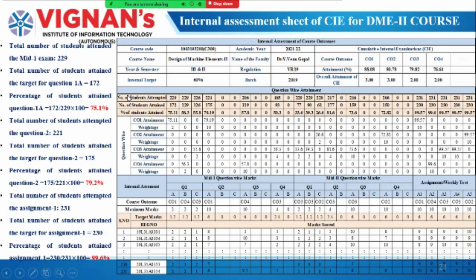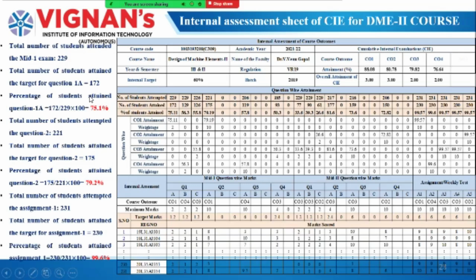Let us take internal assessment for the DME2 course. Cumulative internal examination, CA. Under mid 1, we are having question 1, question 2, question 3, and question 4.